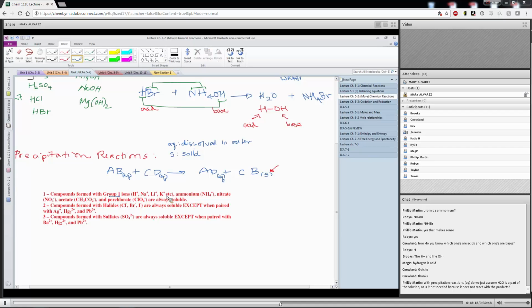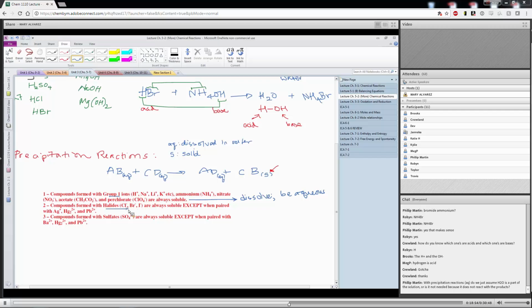So if you have hydrogen, sodium, lithium, potassium, or if you have polyatomic ions, ammonium, or nitrate, or acetate, or perchlorate, these are always soluble. In other words, soluble means they will be dissolved or aqueous. They will dissolve, they will dissociate, they will be in aqueous solution.